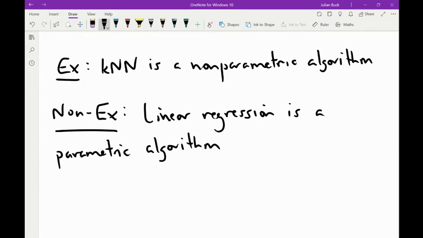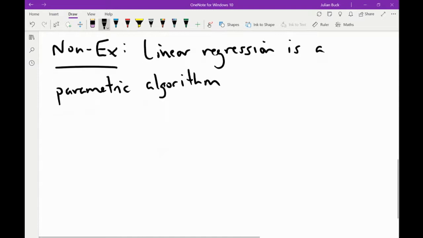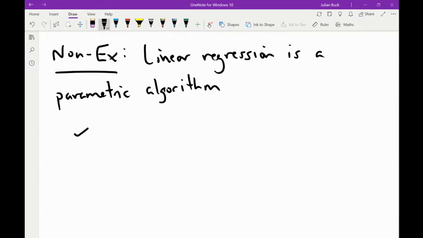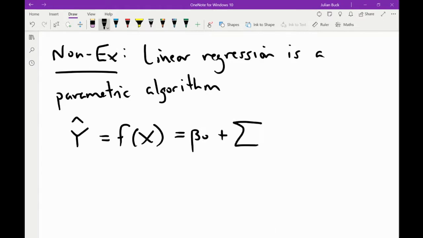So what we mean here is that when we say linear regression is a parametric algorithm, to say what a prediction looks like from a linear regression model, we know exactly what it's going to do. Y hat, the target prediction, is given by a functional application to the features x, and it's given by a formula that we can even write down, right?